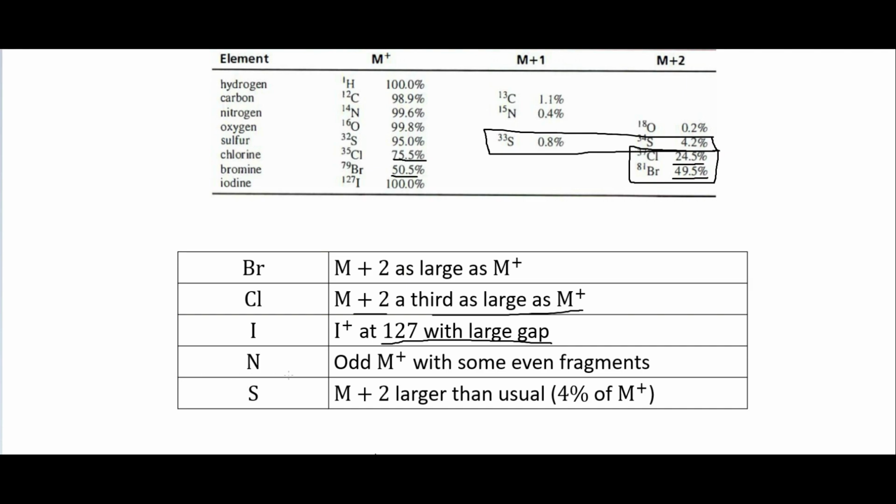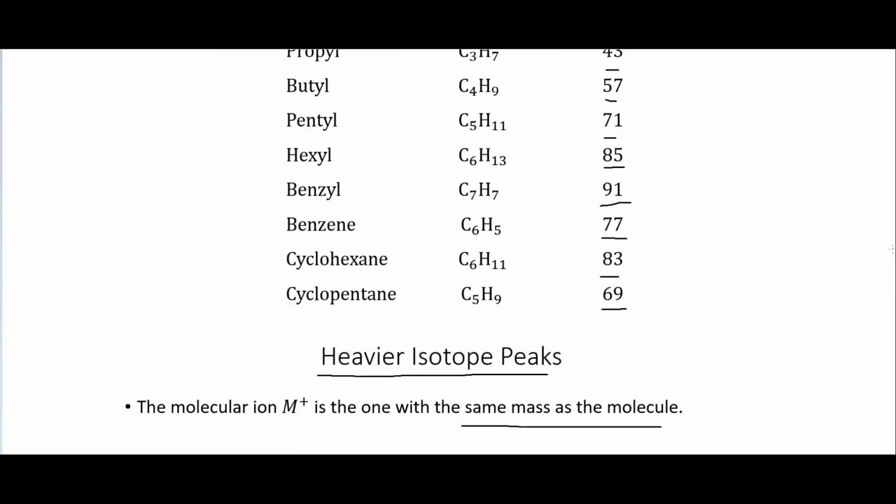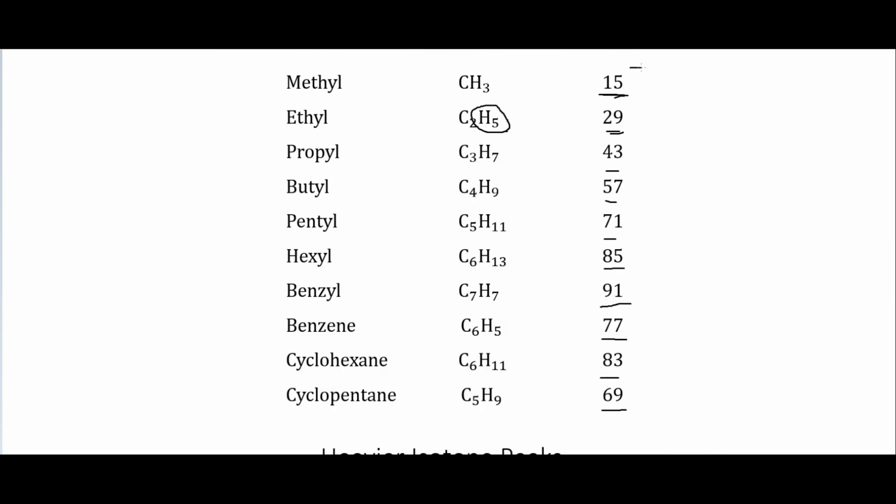Then with nitrogen, what we see is that we get an odd M+ peak with even fragments. As we saw up here, all these fragments right here are odd numbers, and that happens when we just have an alkane, essentially.